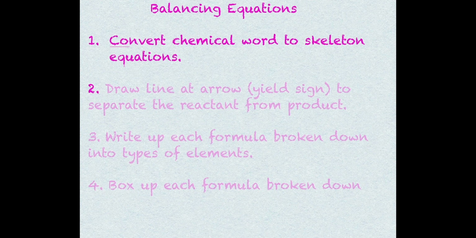Step 2, okay? You want to go ahead and draw a line at your arrow or your yield sign, and you want to separate your reactants from your products. Now this is very important because this is going to help us to see what we are working with.